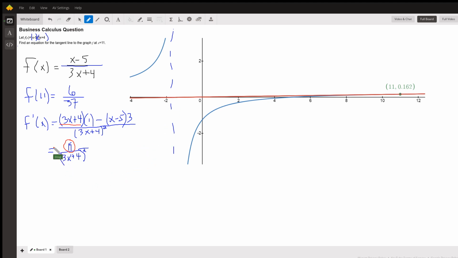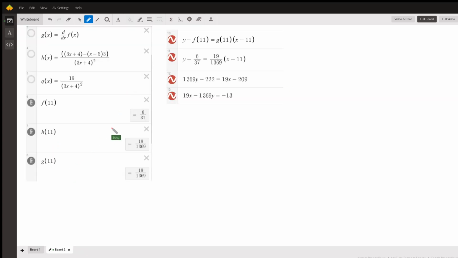Okay, so this is the information you need to write the equation of that red tangent line. We have to find f prime of 11, which I've kind of done over here. g of x, h of x, and q of x are all different forms for the derivative of that original function f of x.